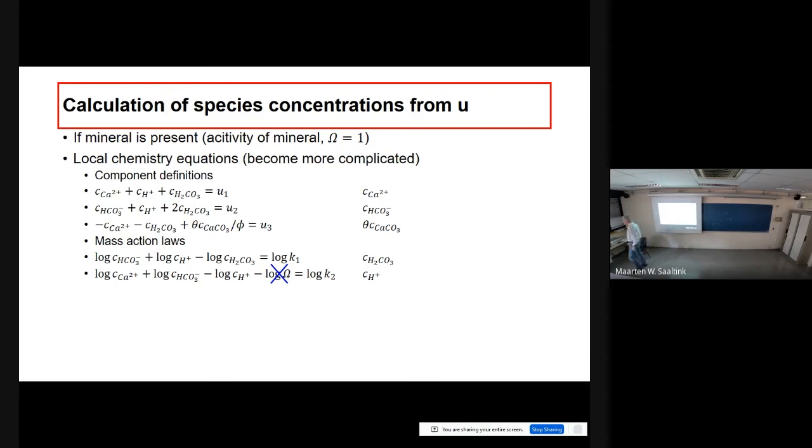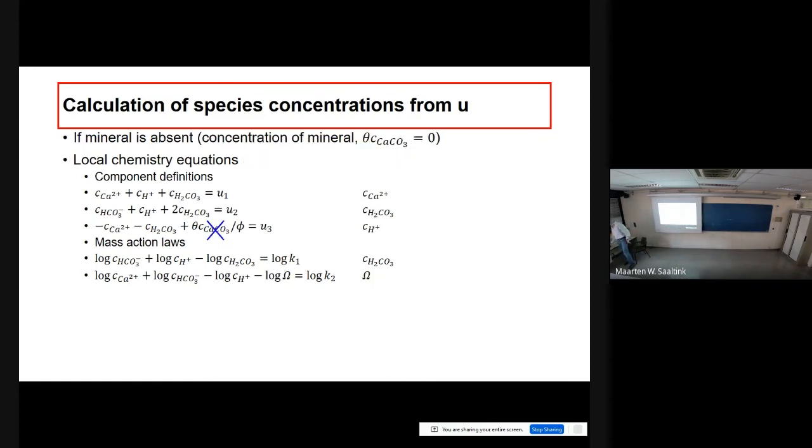Now, of course, the problem is that this may look very nice if I know whether the mineral is present or not. But very often I don't know that. Of course, what I could do is iterate. I could say, well, first I try this one. I do the calculations and calculate omega. And if omega is more than 1, it's wrong, then the mineral should be there.